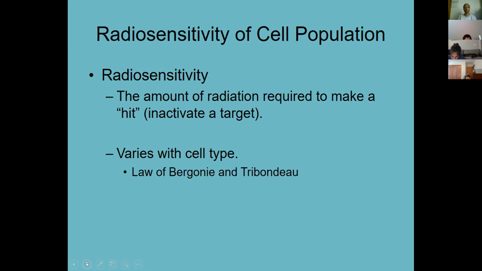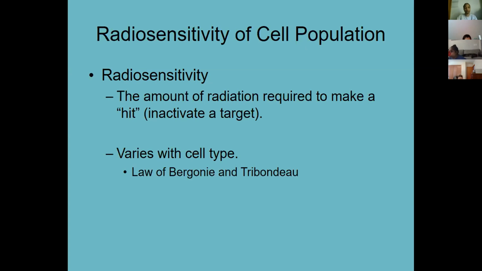But when we think of radiosensitivity in terms of cell survival curves, it has a very specific definition. And that definition is how much radiation it takes to inactivate a target.